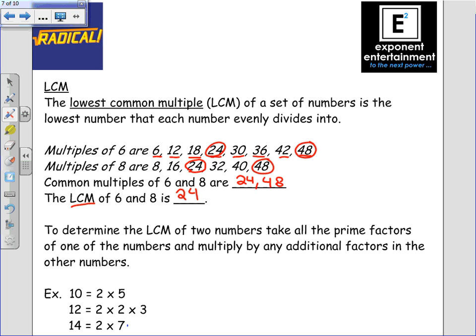The trick, again, comes from the prime factors. You can see a trend, right? So to determine the lowest common multiple of numbers, you write out their prime factors. We have them down here. So we're going to do an example with 10, 12, and 14.